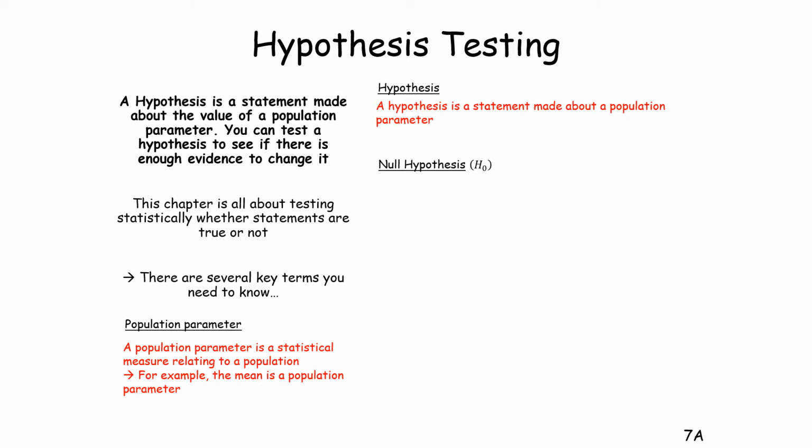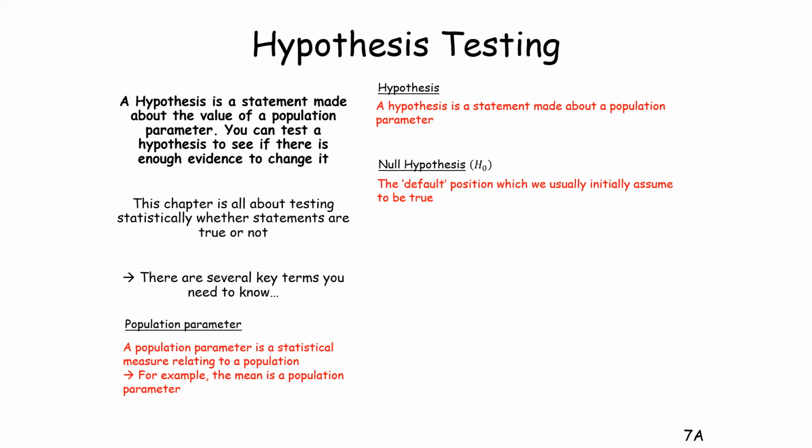Null hypothesis, H0. It's the default position which we usually initially assume to be true. For example, if you think about a courtroom, everyone's innocent until proven guilty. So the default position is you're innocent if you go to a courtroom.